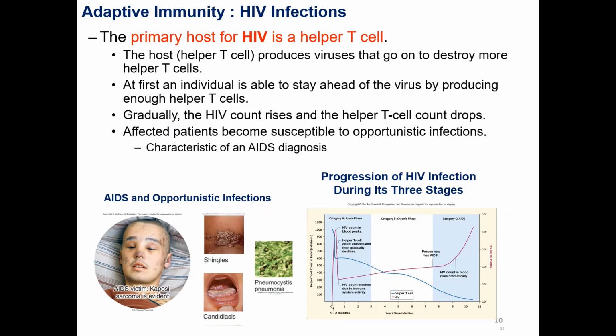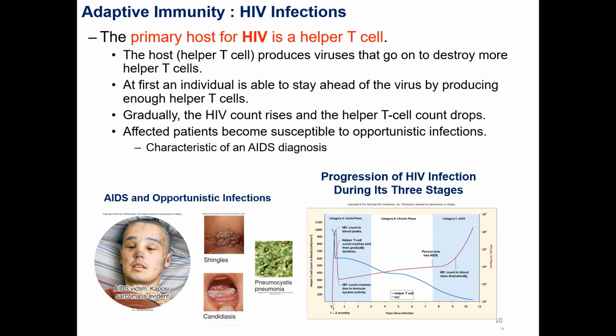Okay, we have discussed the importance of helper T cells in the third line of defense. Helper T cells are very important because this helper T cell will tell the B cell to produce plasma cells, and plasma cells will produce antibody to attack the pathogen.